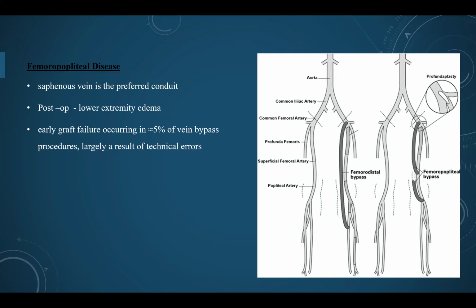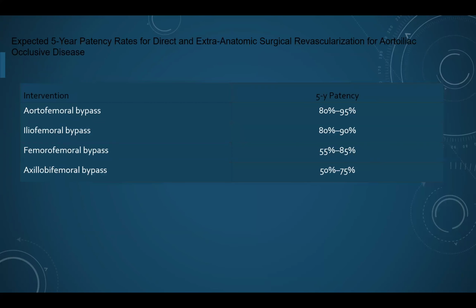Early graft failure is seen only in 5% of the total bypass procedures, and it is mainly the result of technical errors. Hence, the patency of about 90 to 95% is well maintained in the femoropopliteal bypass graft using the saphenous vein. These are the expected 5-year patency rates: suprainguinal bypass grafts, that is iliofemoral bypasses, show 80 to 95% 5-year patency, while extra-anatomic bypasses show around 55 to 85%.